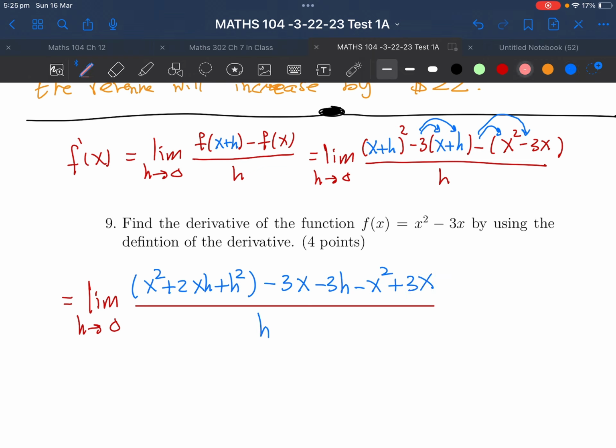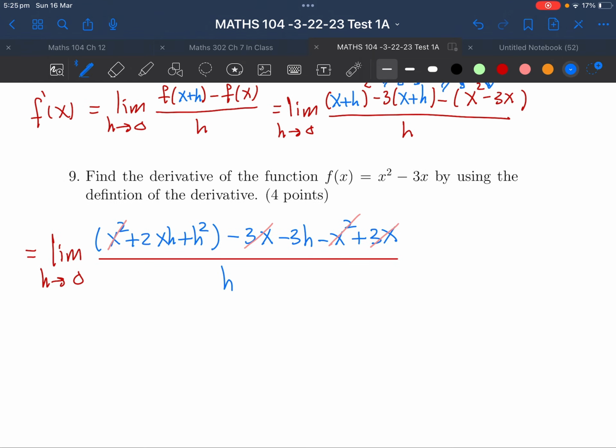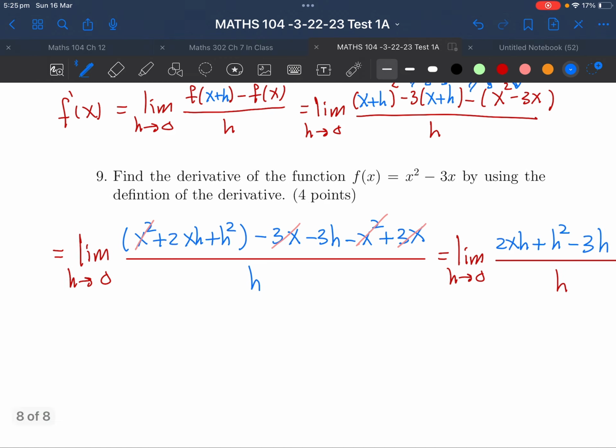And now we do the cancellation. Which cancellation? x squared gets cancelled, 3x gets cancelled. So the final answer will be equal to the limit as h goes to 0 of 2xh plus h squared minus 3h, divided by h.